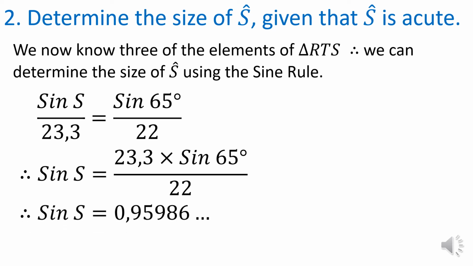Sine S is therefore equal to 0.95986, and we are trying to work out the angle. So we shift the answer and we have angle S, which is equal to 73,7 degrees.